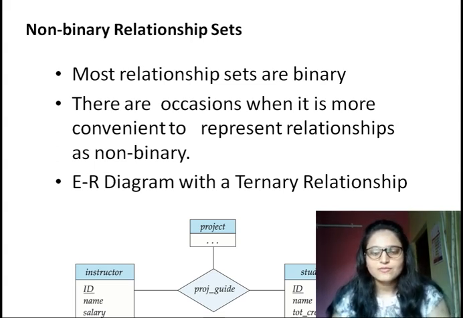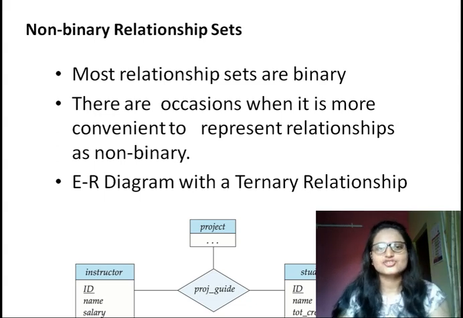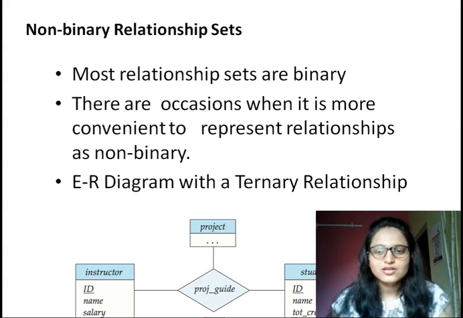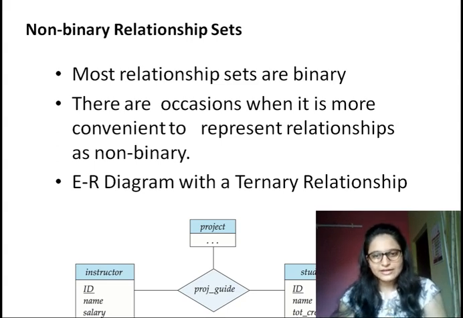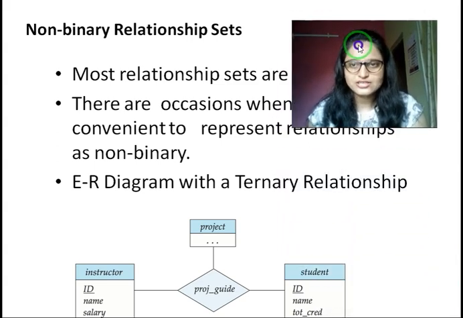And whenever more than two entities are involved in any relationship, it is a non-binary relationship set. Most of the time there are binary relationship sets, but occasionally more than two entities get involved in a relationship, as shown in this figure.